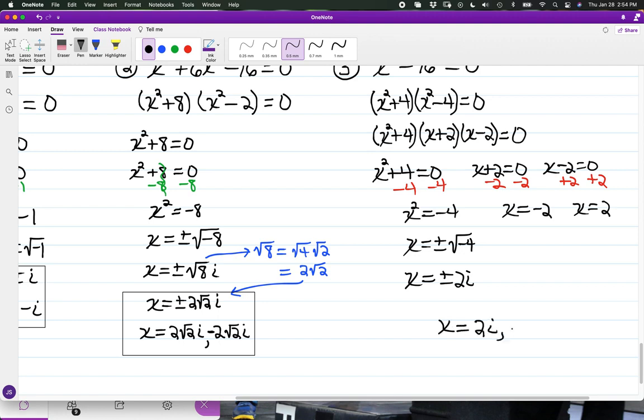So I have x equal to 2i, negative 2i, as well as negative and positive 2.